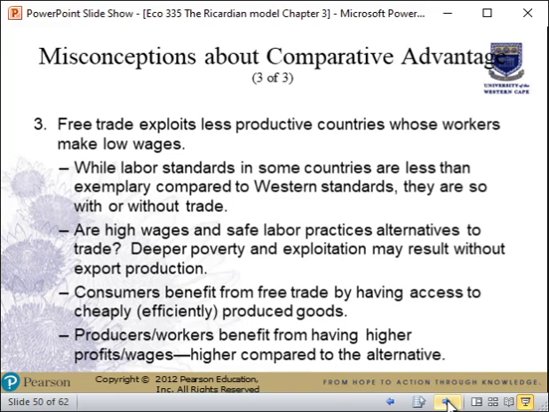So allowing them to trade would also improve the poverty levels within these countries, as well as the standards of living of the people who live in that particular country. So trade is actually beneficial to these low wage countries.